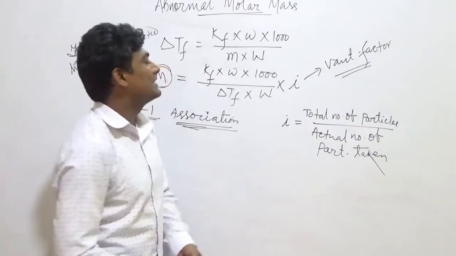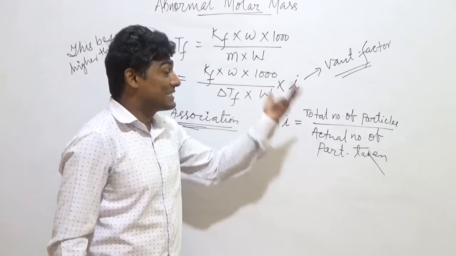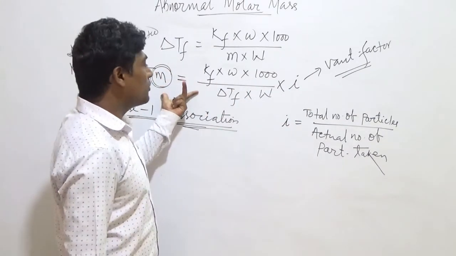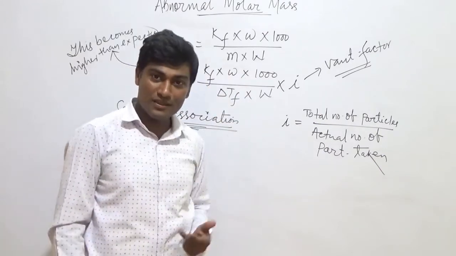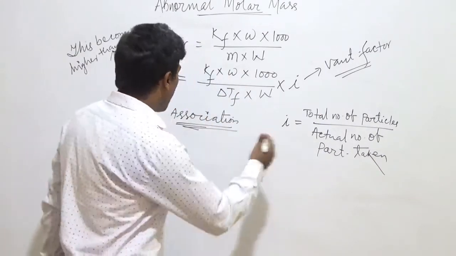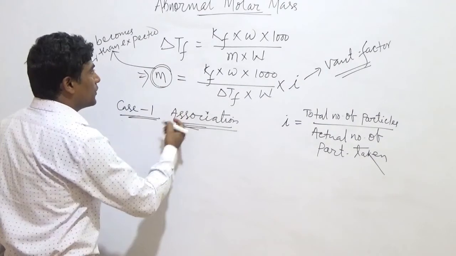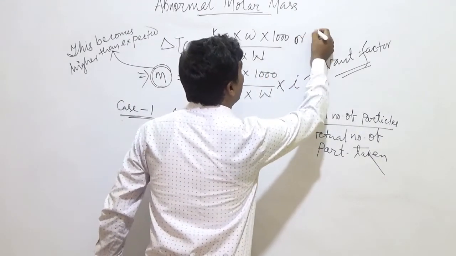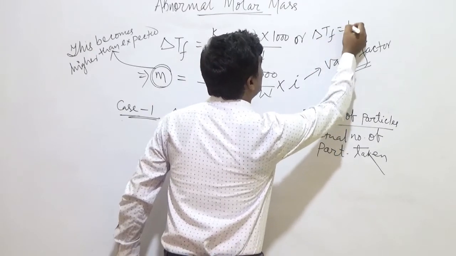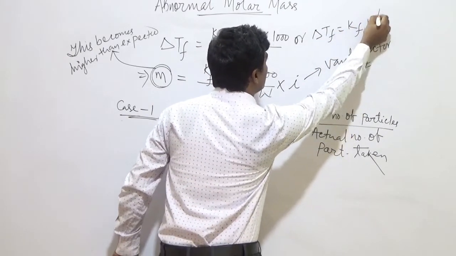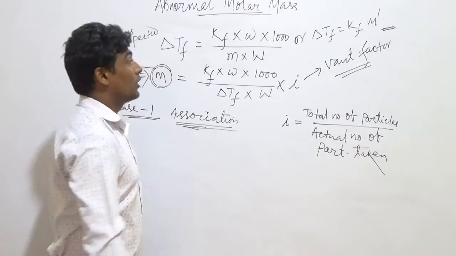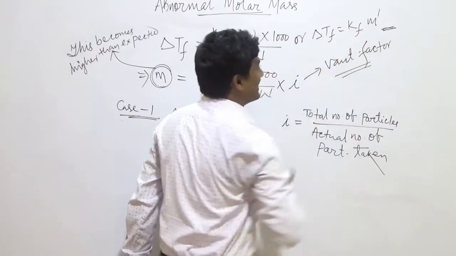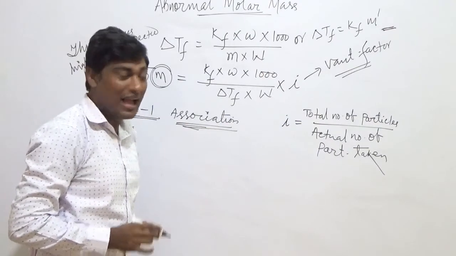So i, in case of association, is less than 1, and when it is multiplied with the formula, you get this. So simply put, we have a formula now: del Tf is equal to Kf m. I will just multiply a factor i here.